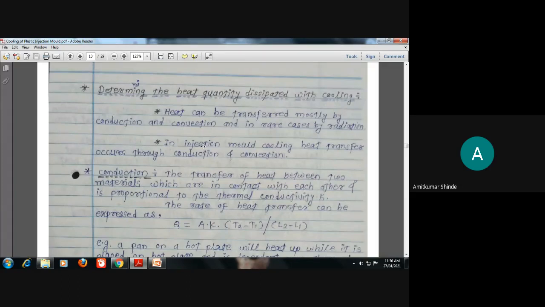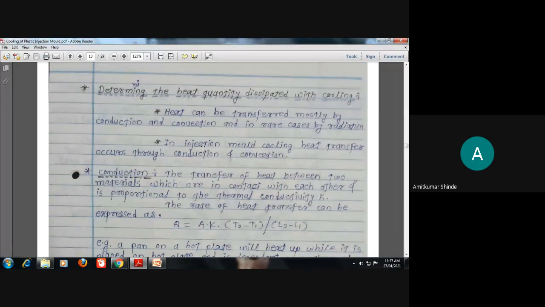When that water is circulating, heat is removed from that mold. And this heat removal takes place in two ways, by conduction and by convection.